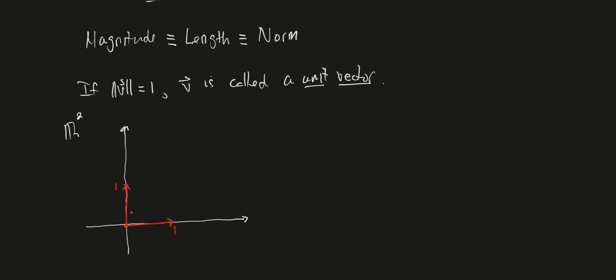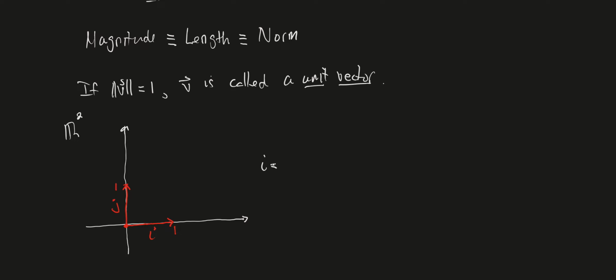And these are called standard unit vectors, and they have a special notation. The vector that goes from the origin to 1, 0, this is the vector I. And the vector that goes from the origin to the point 0, 1 is the vector J, right? So let's write this down.